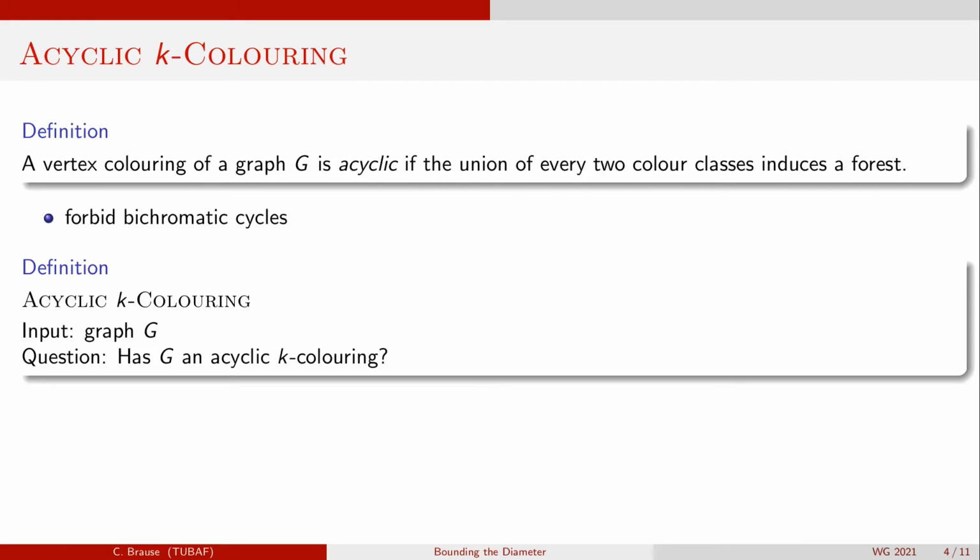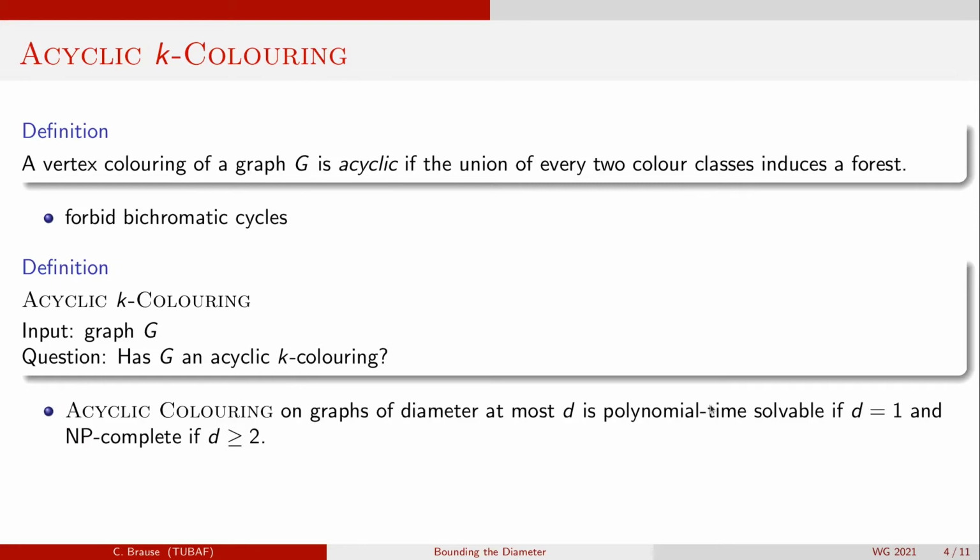You may ask, why do we fix the integer k? Well, that's easily answered. Somehow similar to the 4-coloring problem, we can show that the acyclic 4-coloring problem is NP-complete on graphs of diameter at most 2, and so clearly the general problem where k is part of the input and not fixed is NP-complete on graphs of diameter at most 2.